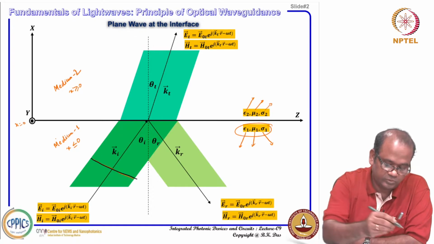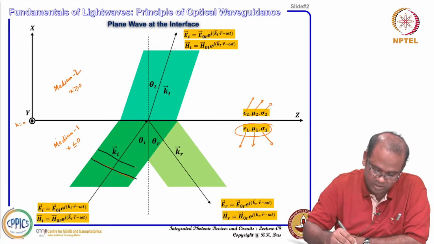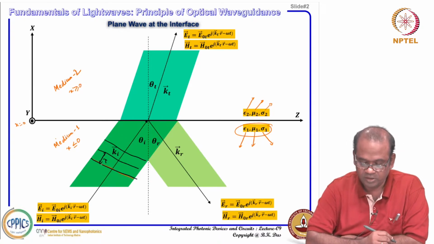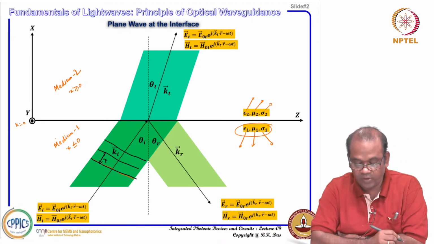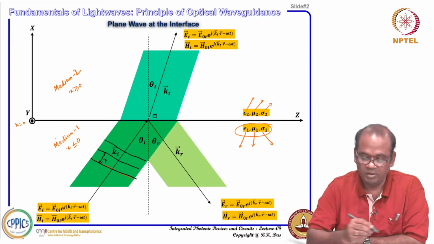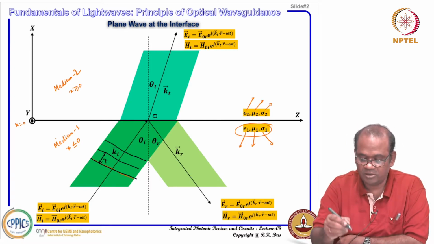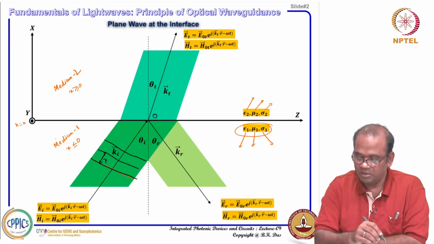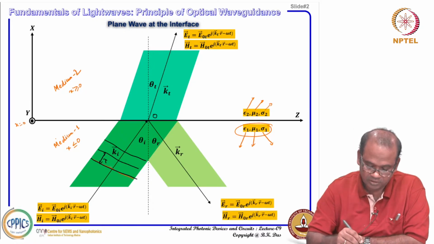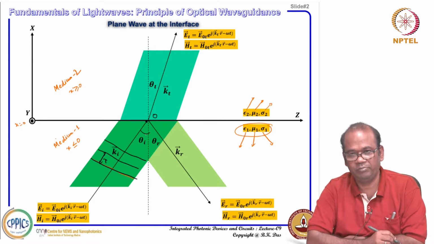They have parallel phase fronts, and this is your wavelength lambda in that medium. The plane wave is incident at the origin O. This dashed line is the normal drawn perpendicular to the yz plane at O, and the angle the wave vector makes with this normal is theta_i.